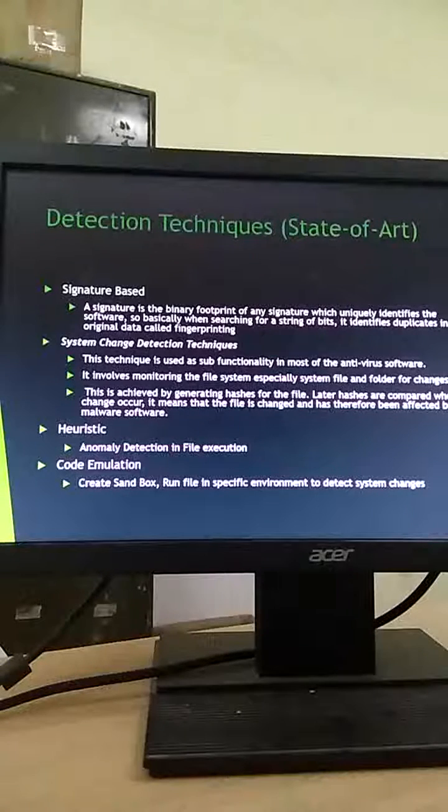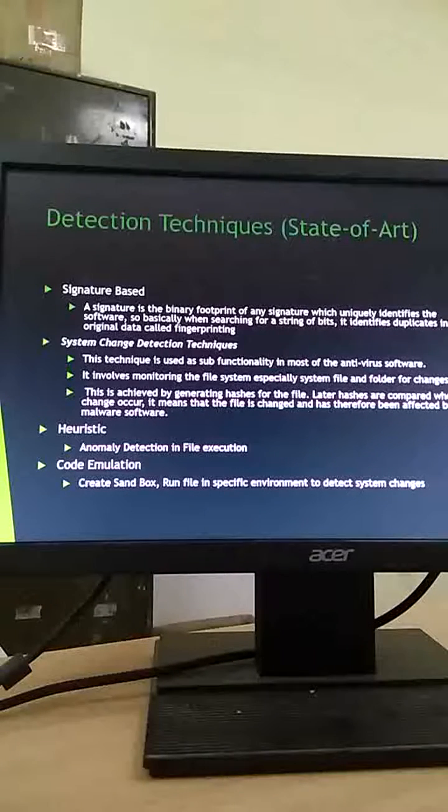The second technique is system change detection. This technique is used as a sub-functionality in most antivirus. It monitors the file system and the folders, and this is achieved by generating a hash of a file. Later this hash is compared with the original file hash, and if there is a change, it will say that it's a malware, and that's why a lot of false alarms will be generated.